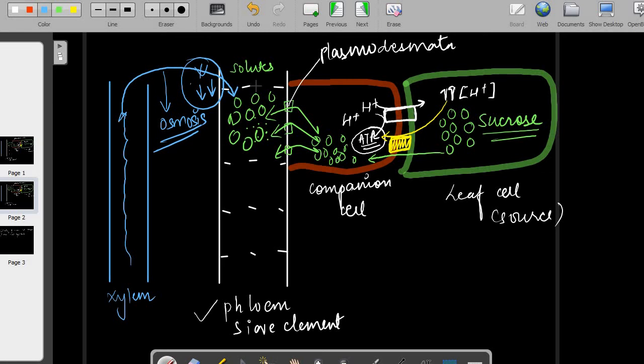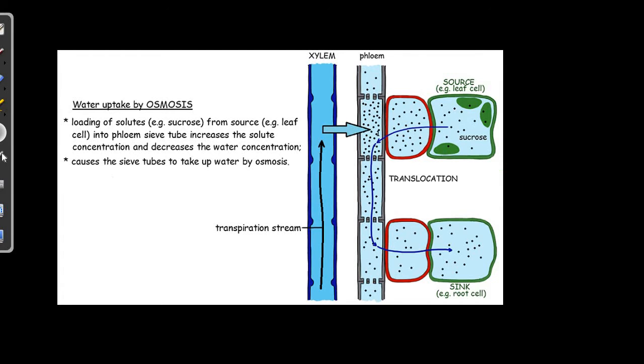Here the solutes have increased, therefore the water potential will be low. And here the water potential is high. So water will move from high water potential to low water potential. Okay, so that's what is taking place. Water uptake will take place by osmosis.